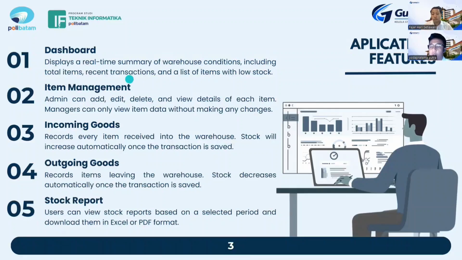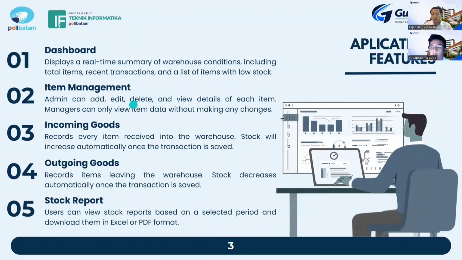Admin can add, edit, delete, and view details of each item. Manager can only view item data without making any change. For your information, we have two roles in this application, admin and manager.